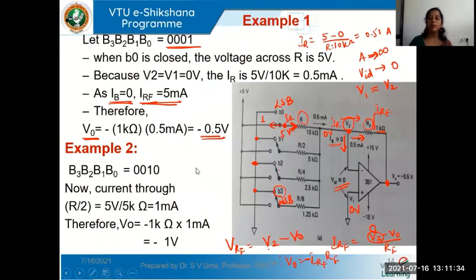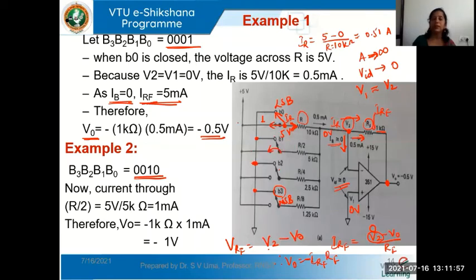Okay. Similarly, can you try for the digital input 0010? If you try for this case, what would happen? You know that V0 would be connected to ground. So this connection would be to ground, whereas this will be connected here.